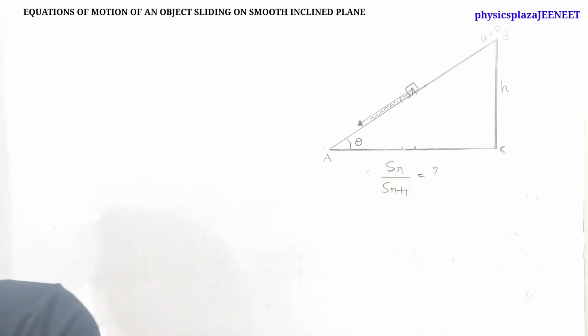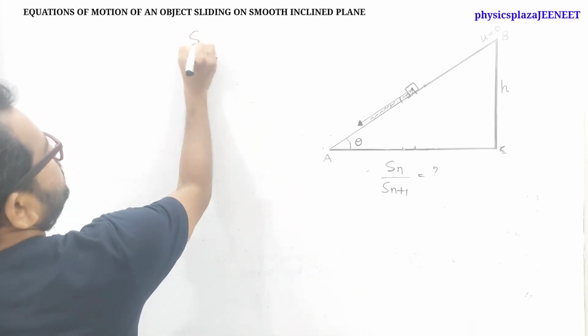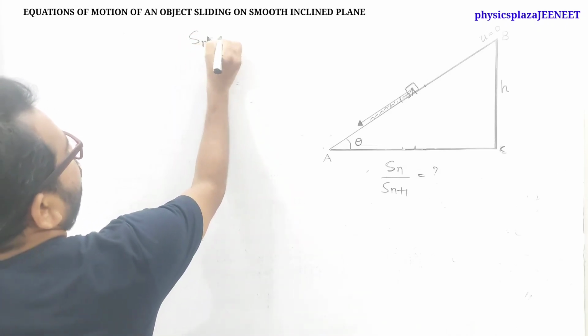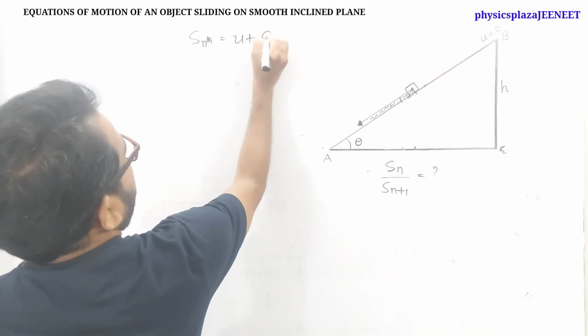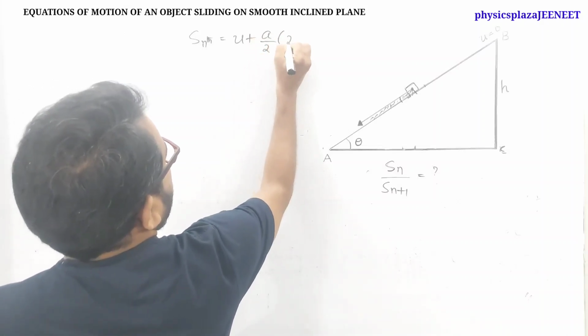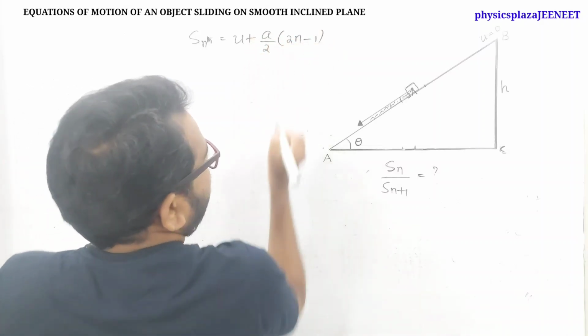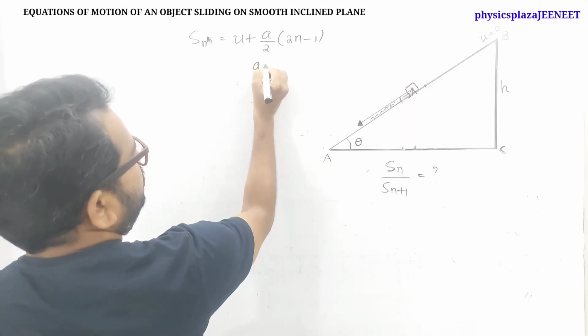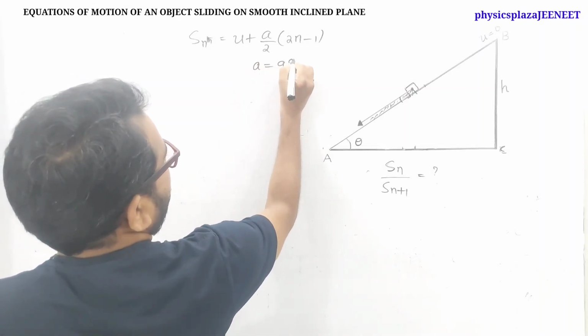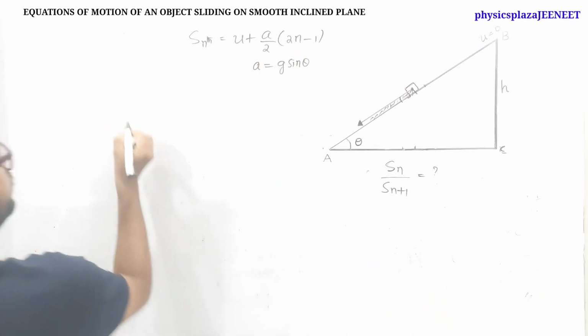Children, let us write here. We know that the distance traveled in the nth second is u plus a by 2 into 2n minus 1. This is the general one. But in this case, a is equal to g sine theta. First, let us substitute here.